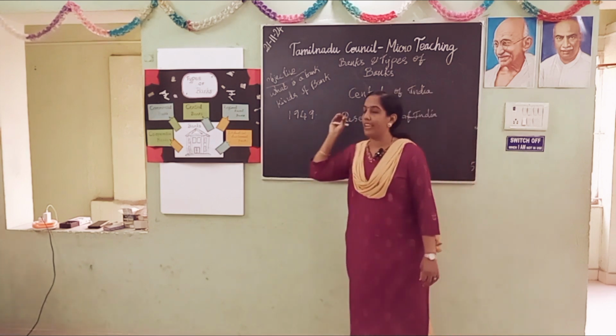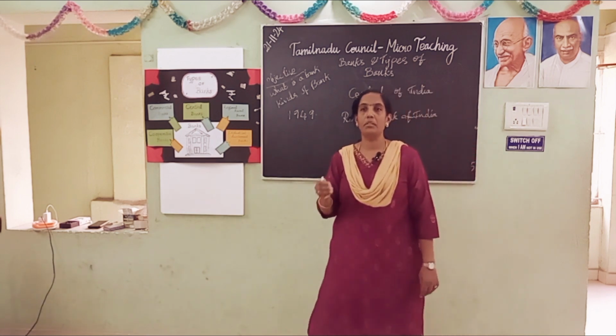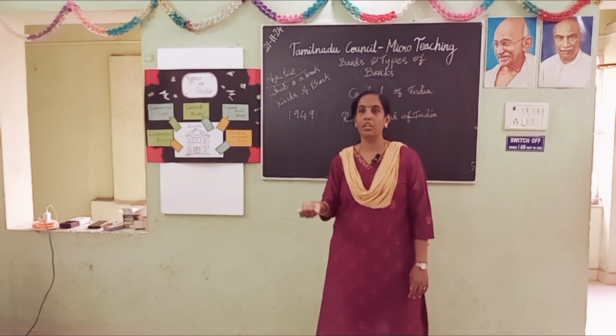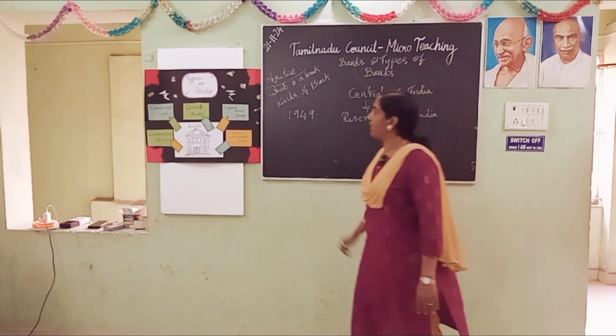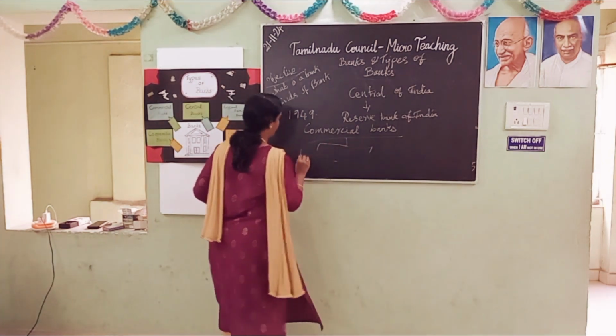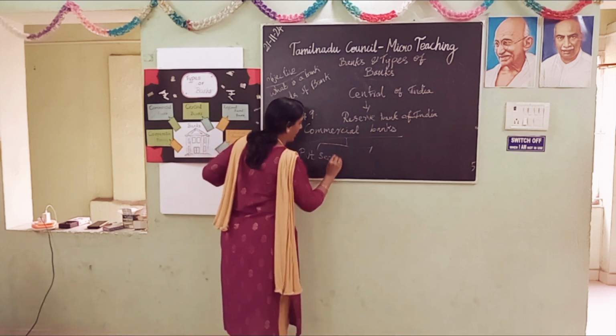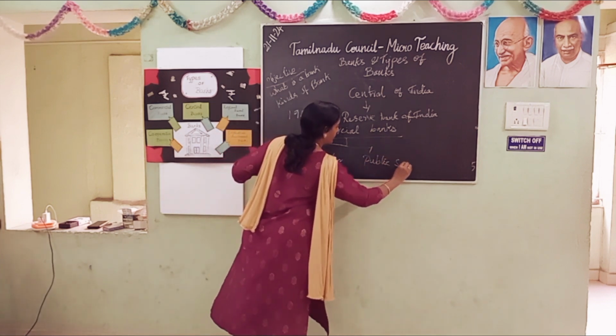It regulates all the transactions and controls all the banks. Likewise, RBI is acting as the central bank of India. Among commercial banks, we have two types, that is private sector and public sector.